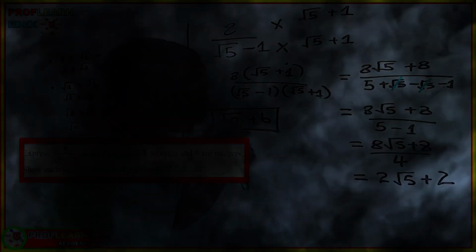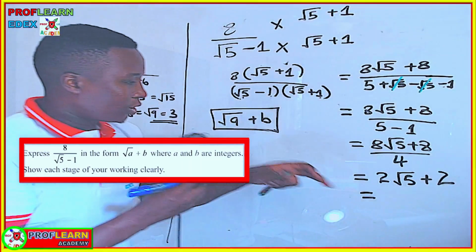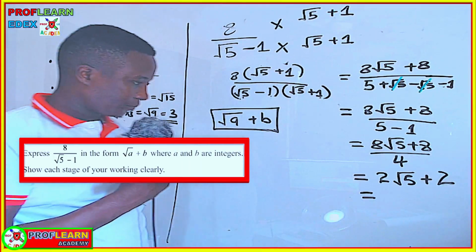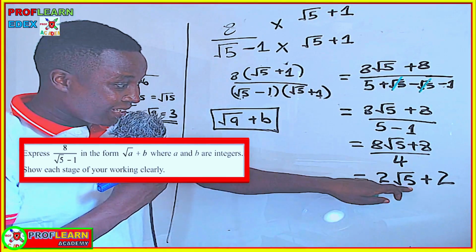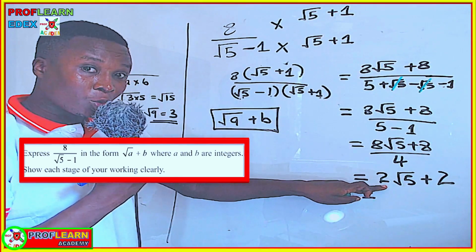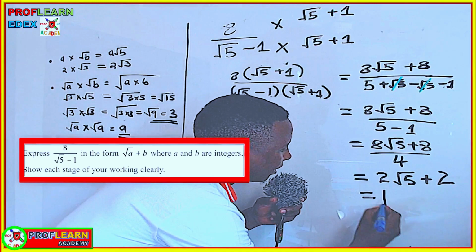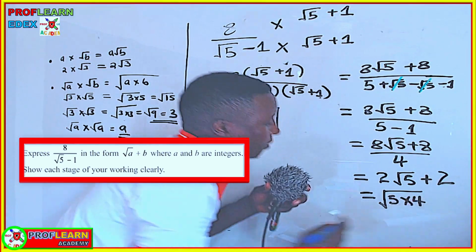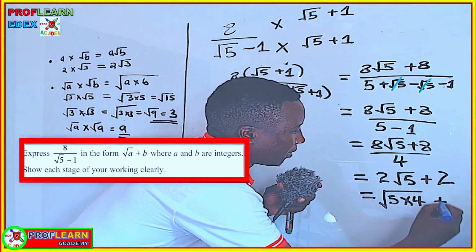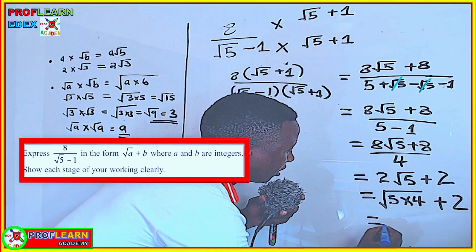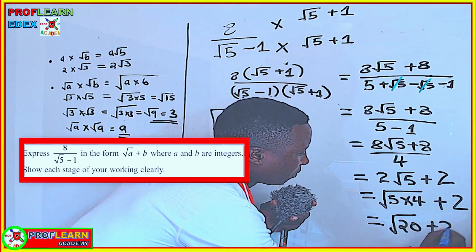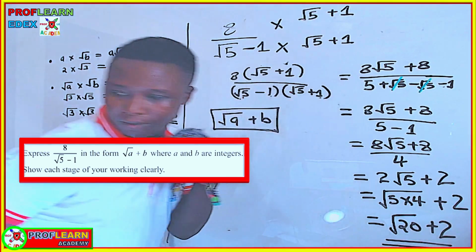So if I want to take this number inside the square root, I have to square it, so I have 5 times 4, giving root 20 plus 2 as our final answer.